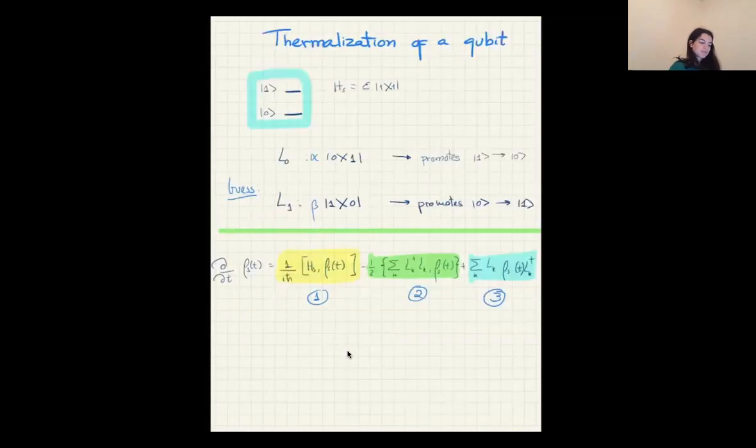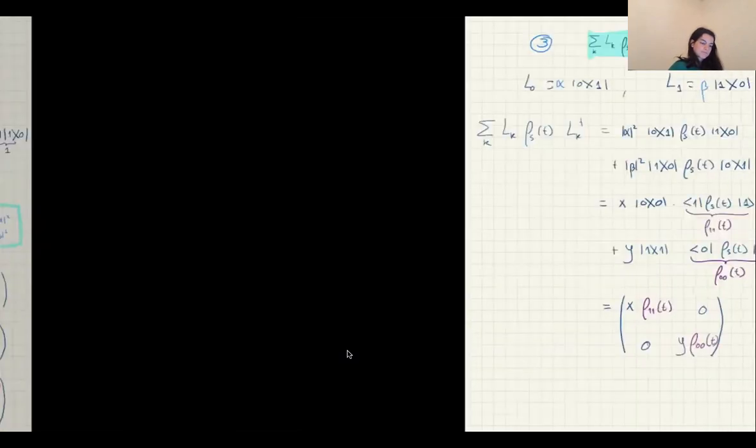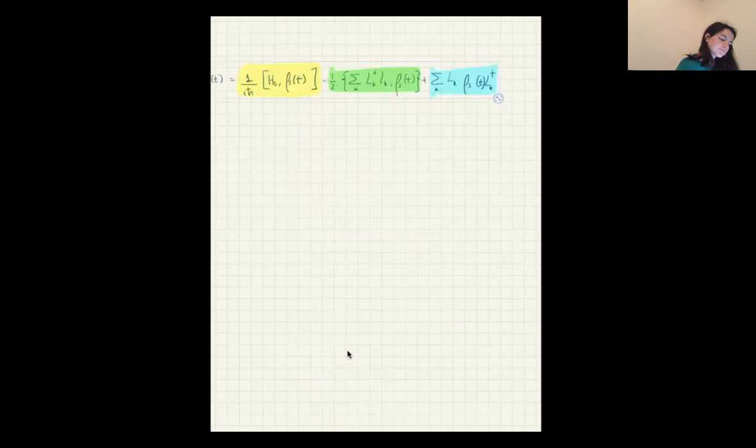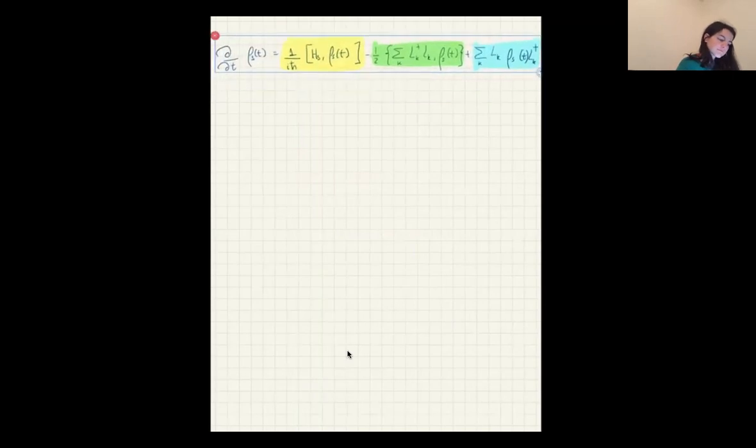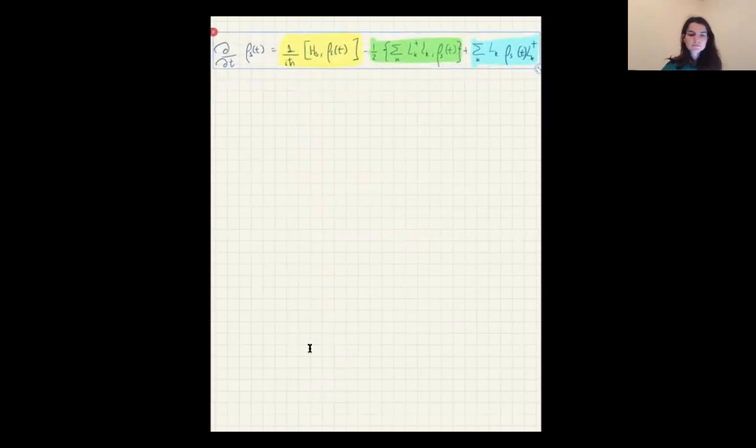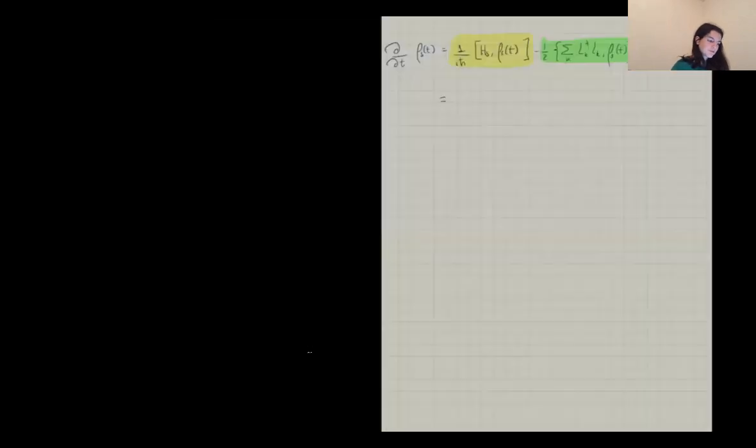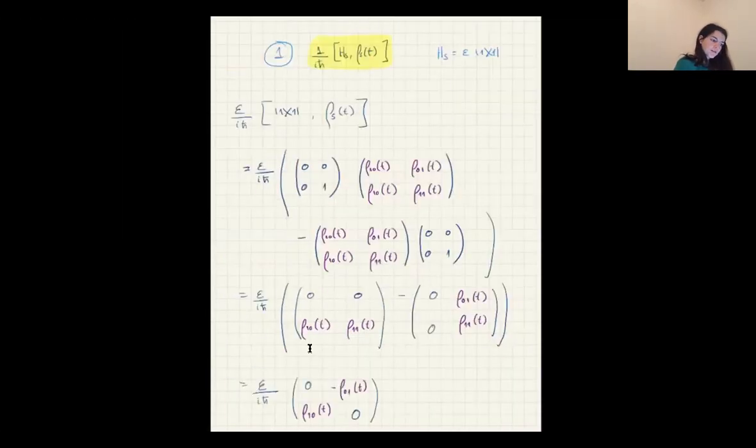So let's get the Lindblad equation again. And now we just get the solutions for each of these terms. So the solution for number 1 was this.